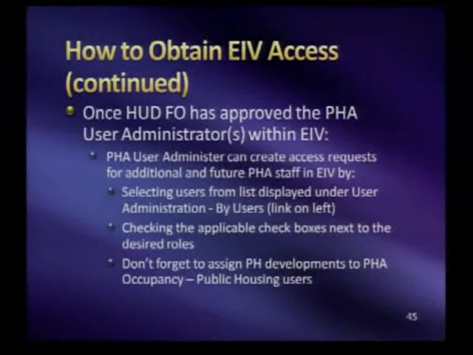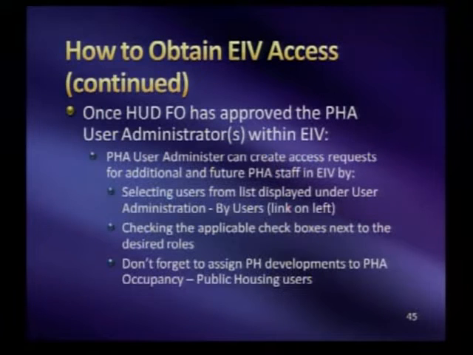All righty. So now once your HUD field office has approved the user administrators within EIV, and keep in mind, each agency should have a designated EIV user administrator, because that person is going to do all of the user administration rights, which we'll talk about in a minute.